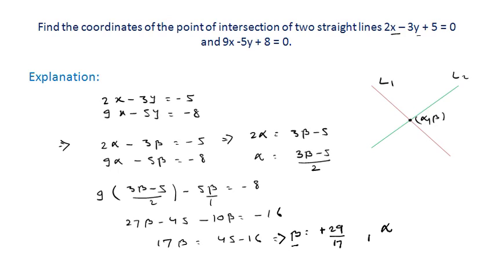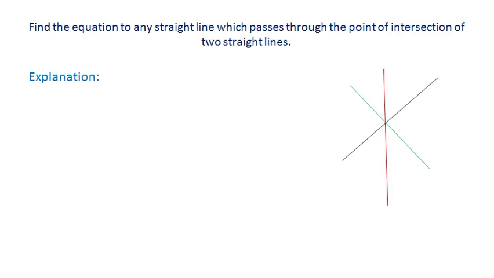Okay, now moving to the next concept, and the next concept here is to find the equation of any straight line which passes through the point of intersection of two straight lines. Now here we find the point of intersection. Suppose this is line L1 and this is line L2. Now (alpha, beta) is the point of intersection which we earlier found out.